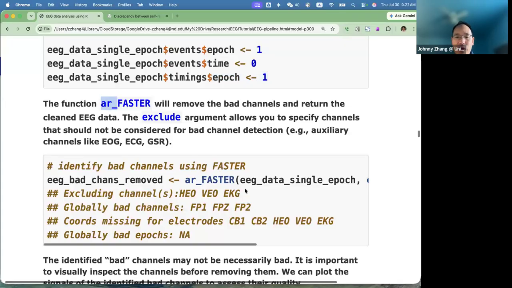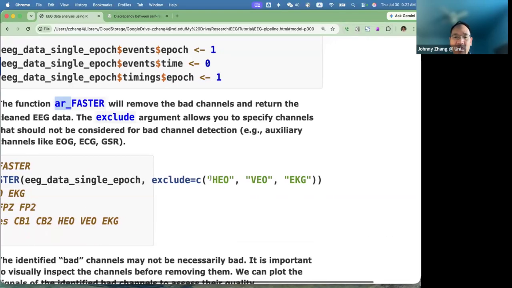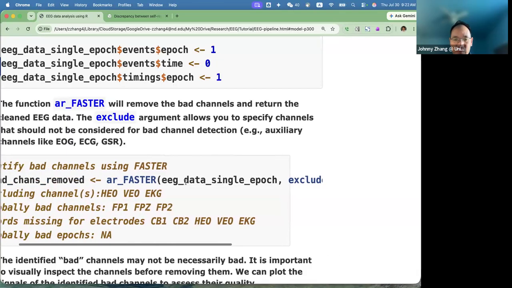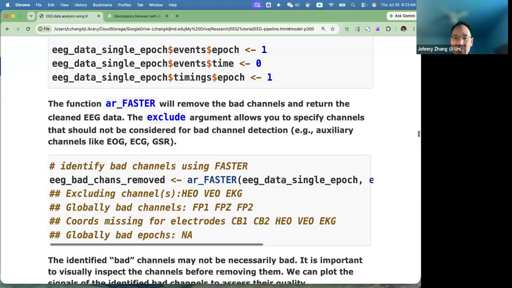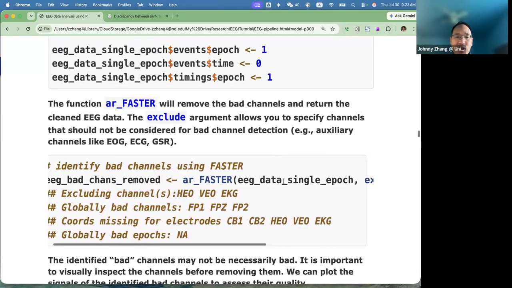Notice that I removed the eye movement and heart rate channels because those are not really neural, brain activity channels. So I remove those.